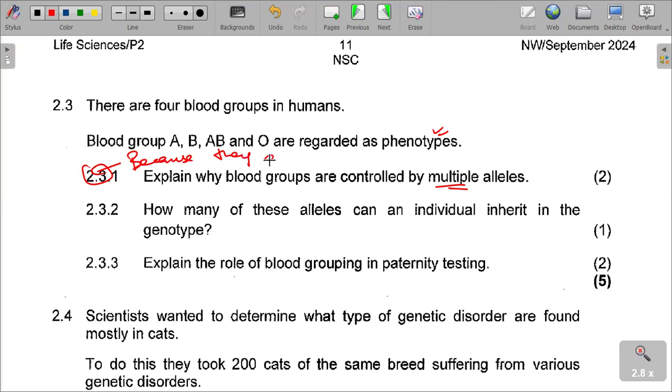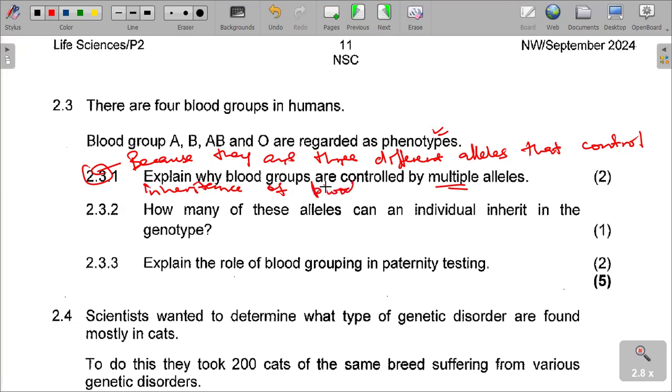Because there are 3 different alleles that control inheritance of blood groups.